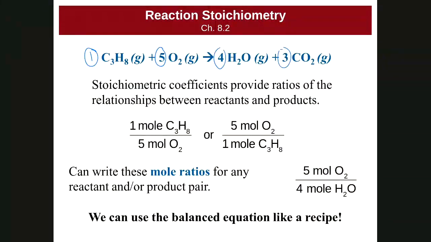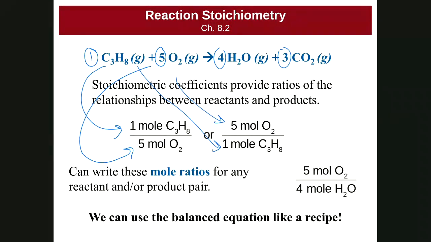So we have stoichiometric coefficients that will provide ratios of the relationships between reactants and products, or reactants and reactants, and products and products. So from our equation, we see that 1 mole of propane is related to 5 moles of oxygen, or 5 moles of oxygen is related to 1 mole of propane.